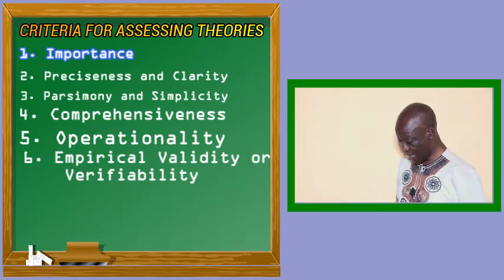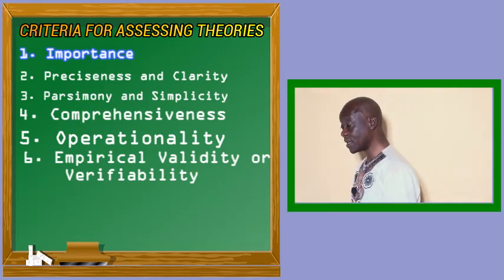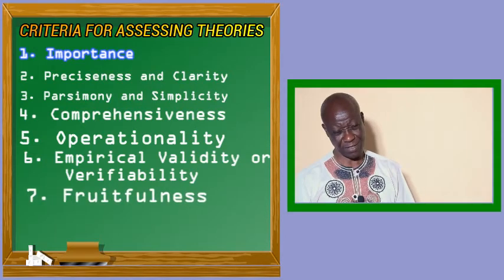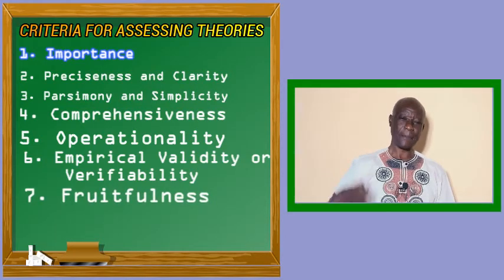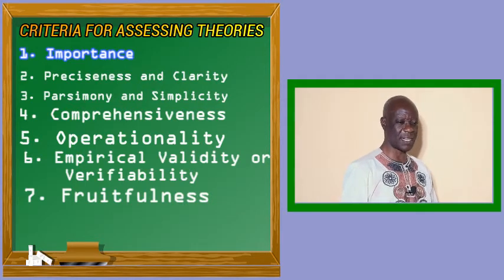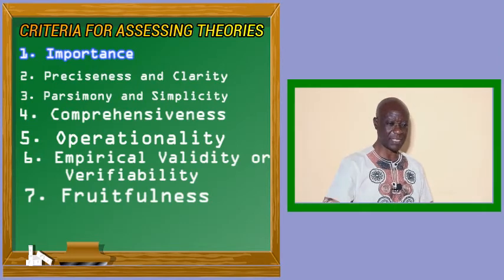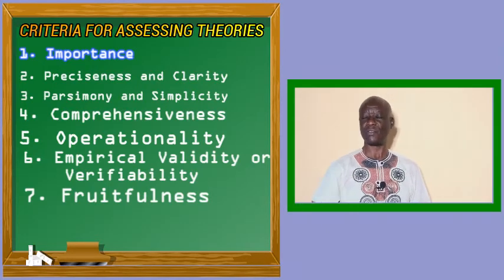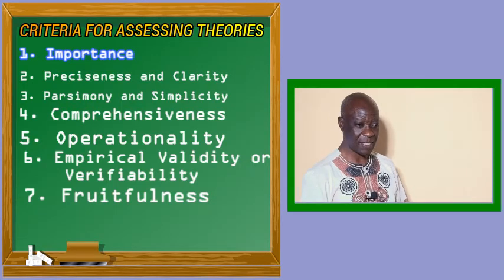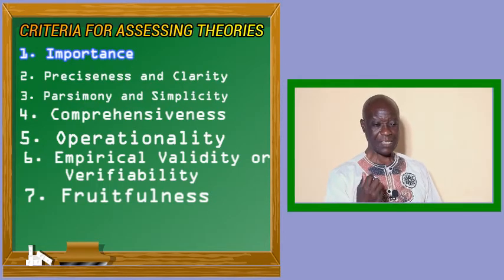Another criterion that you can use to assess the utility of a theory is fruitfulness. How fruitful is the theory? The capacity of a theory to lead to predictions that can be tested, and to lead to the development of new knowledge.